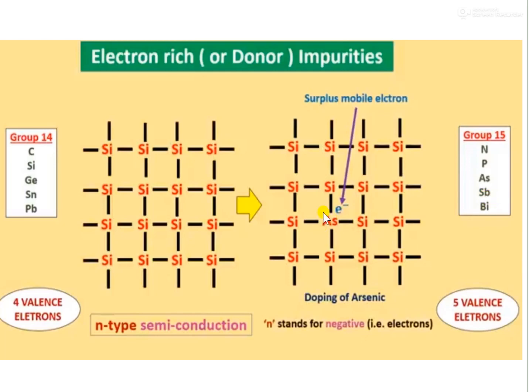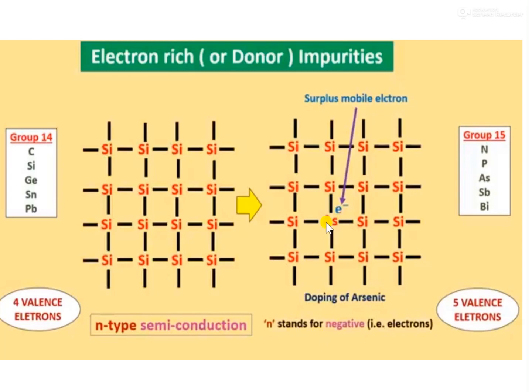So here we added arsenic. 4 electrons can bond with silicon, but 1 electron will remain free. This is an extra free electron, in loose form, that can move freely, so it will cause conduction of electricity.